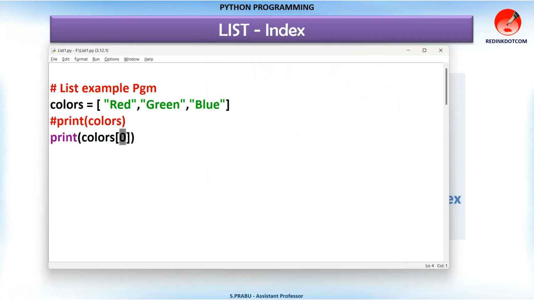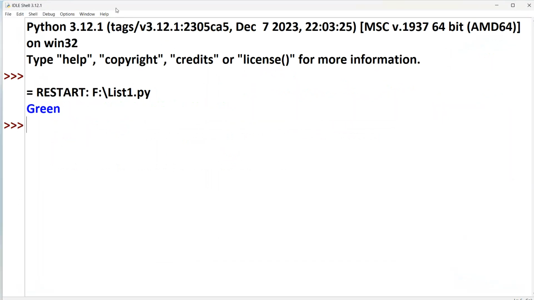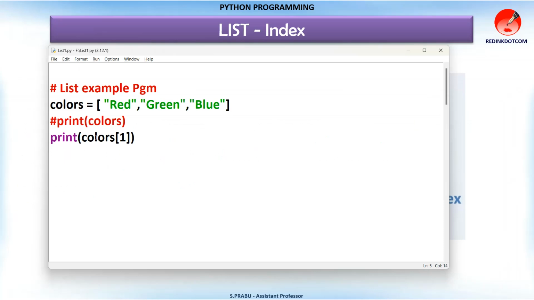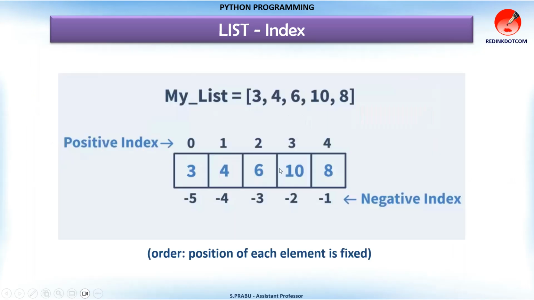Suppose I want to display the second element, I can give the index as 1. So I can read the second element. Suppose I want to display the elements using the minus index. -1 is the last element, so it will display the color blue. So inside the list, we can read particular elements using the index.